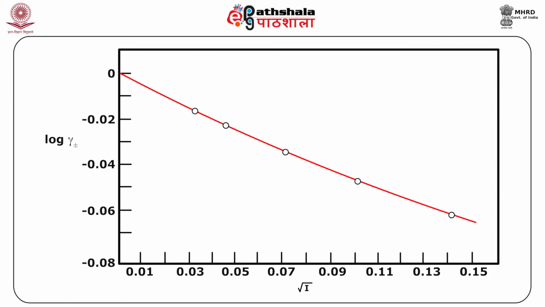Further, in equation 38, the first term explains the decrease of log gamma plus minus with the square root of ionic strength, while the second term explains the occurrence of the positive slope or the increase in chi. The first term dominates at lower concentrations and the second term dominates at higher concentrations. The figure shows the comparison of the experimental mean ionic activity coefficients.